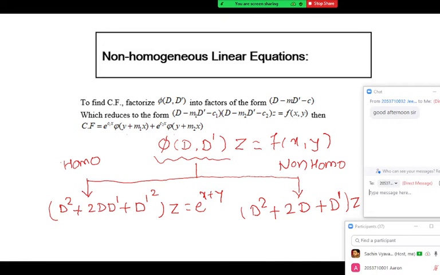Degree of the second term? 1. And the last term? 1, that is also 1. Very good. So the degree of the last two terms is 1 and the degree of the first term is 2. So this is a non-homogeneous PDE. So that is the first thing.